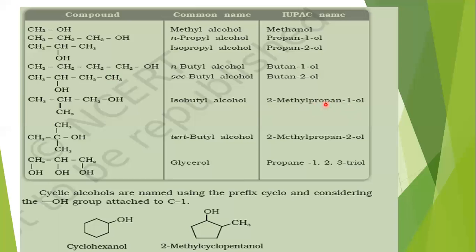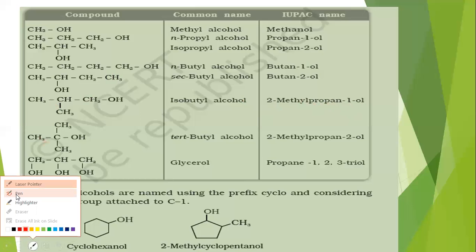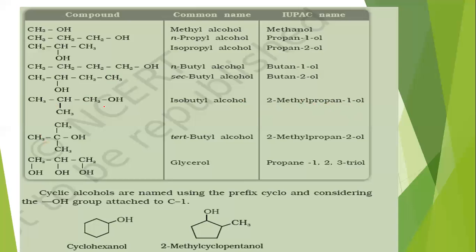The parent alkane is propane, and at the second position a methyl group is present. Let us see. Here, this is the parent compound having the maximum carbons in the longest continuous carbon chain. First, second, third. So this is the first carbon, this is the second carbon, and this is the third.